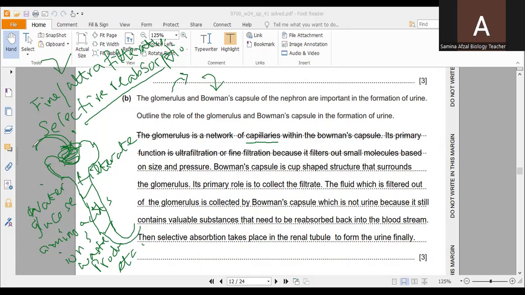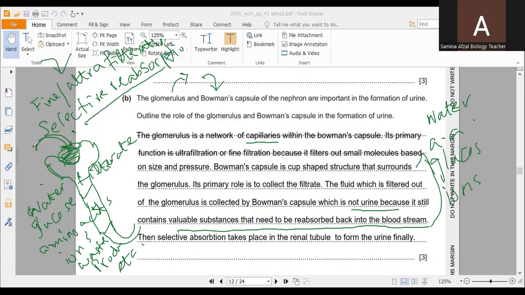The fluid which is filtered out of the glomerulus and collected by the Bowman capsule is not urine, because it still contains valuable substances that need to be reabsorbed back into the bloodstream. All of these are already written over here: water, amino acids, glucose, ions, and waste products as well.